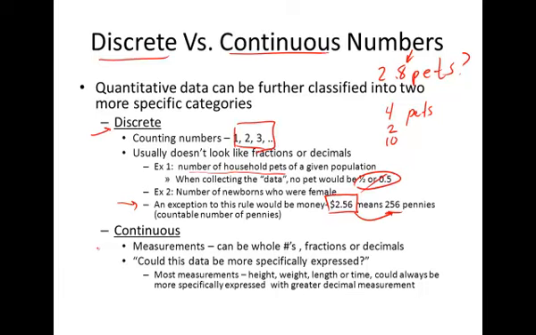On the other hand, continuous means that it could represent any number on the number line. So measurements, right? Could be whole numbers, fractions, decimals. A lot of times when we give measurements for, let's say, construction, we go down to the 16th of an inch, right? So 5/16 inches.